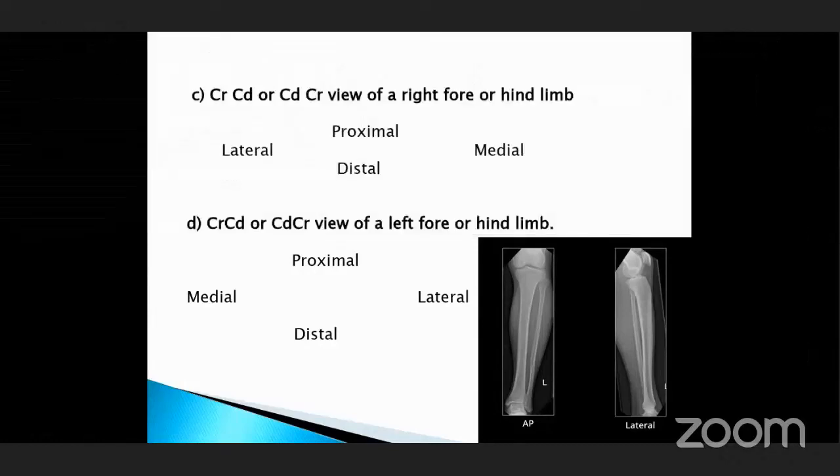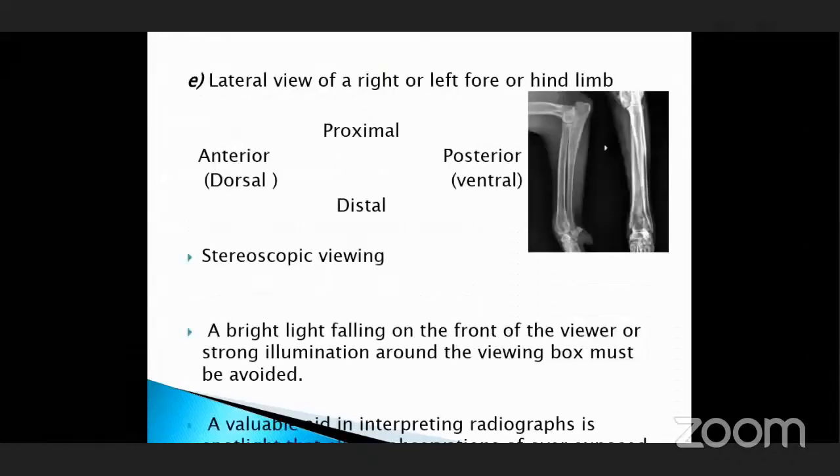Lateral view, for the lateral view of right or left forelimb or hind limb, the proximal extremity is upward, the distal extremity is downwards, the anterior or dorsal portion is towards the left of the radiologist and the posterior or ventral portion is towards the right of the radiologist.